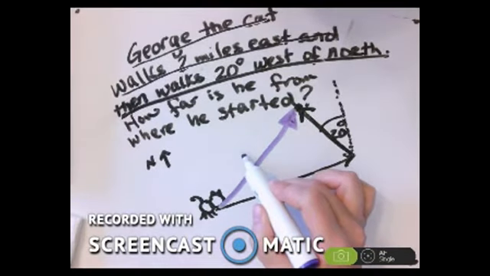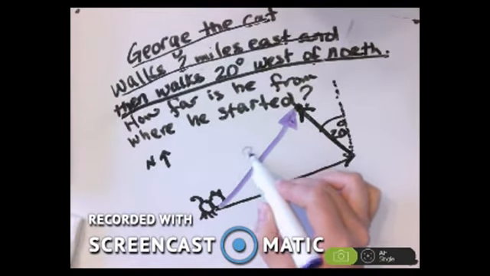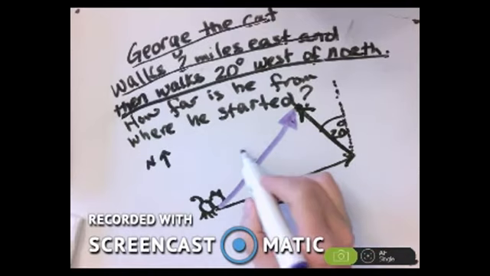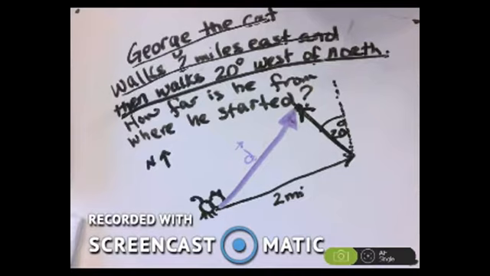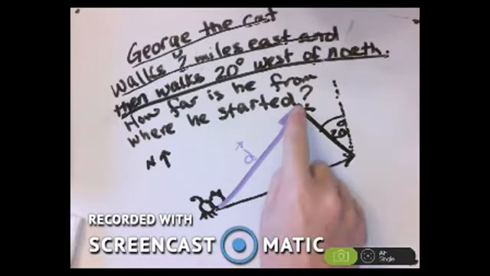So that, my dears, is our question mark. And we can even call it the variable d. We can have it our vector d for displacement.